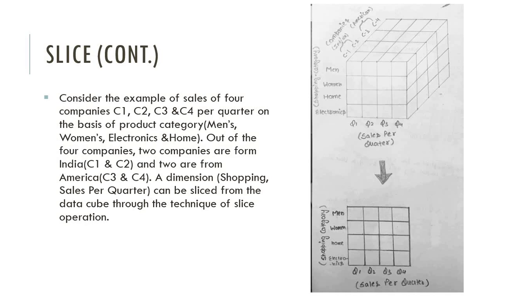So from the figure we can understand that we slice the 2-dimension from the whole data cube, because our data cube is 3-dimension, but after the slicing operation we have only 2 dimensions, which are quarter and the shopping category. So if we want to convert our data from 3-dimension to 2-dimension, then we can use slice operation.